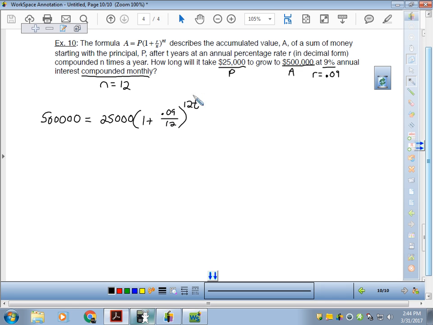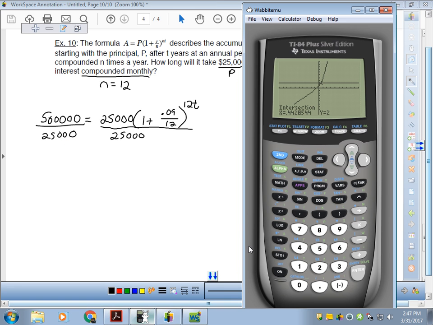So here's our equation. We want to solve this for t. Now this is an exponential equation, so the first thing we're going to do is isolate the exponential. I'm going to do that by dividing both sides of the equation by 25,000. On my calculator, 500,000 divided by 25,000 is 20.